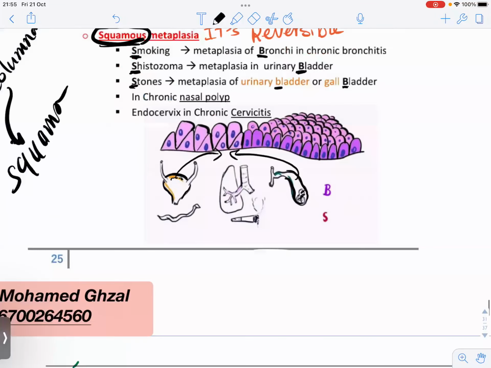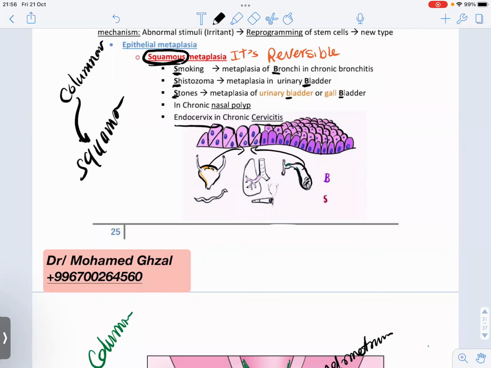Polyp means like the accumulation of squamous epithelial tissue inside the nose after getting infected. And the endocervix, which naturally has columnar epithelium, during cervicitis, inflammation of the cervix, will transform into squamous epithelium. So it's called squamous metaplasia.